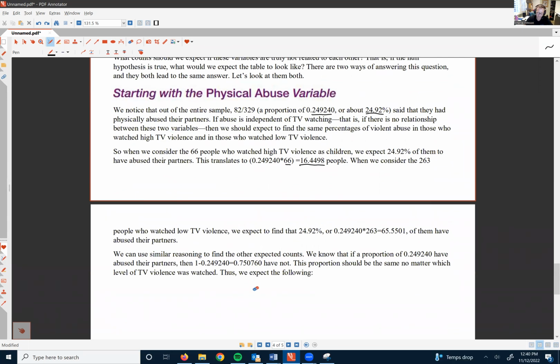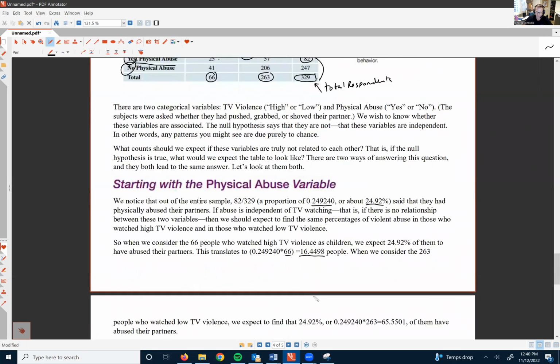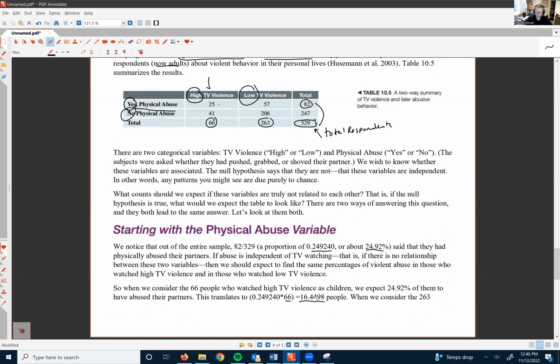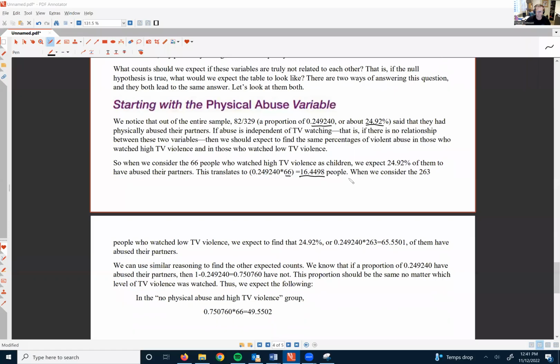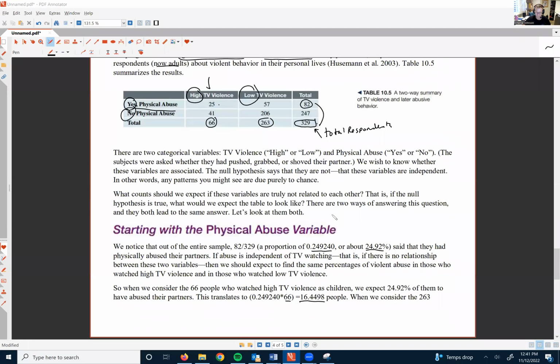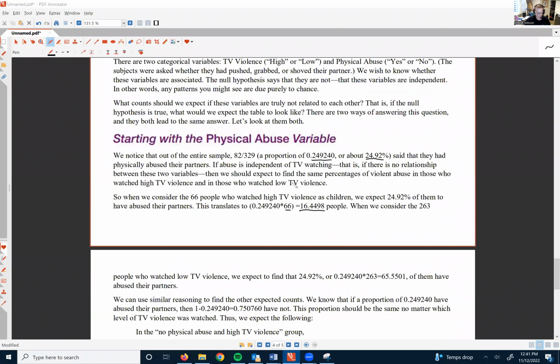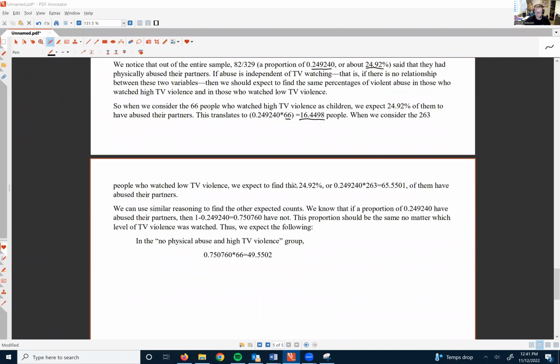So thus we expect the following to happen. In the no physical abuse and high TV violence group, 0.750760 times 66 is 49.5502.